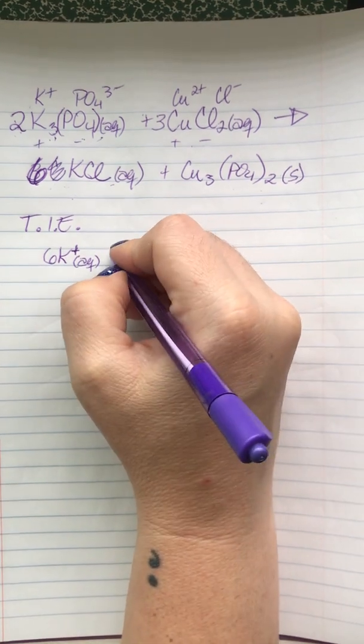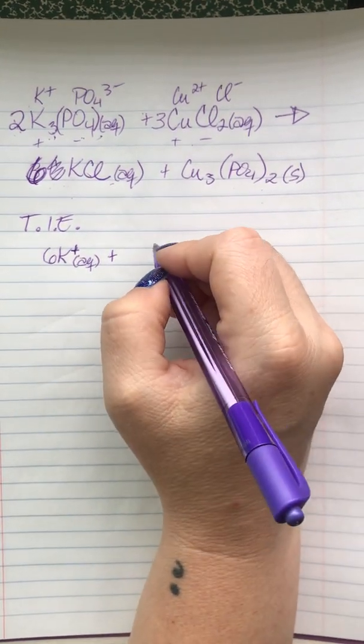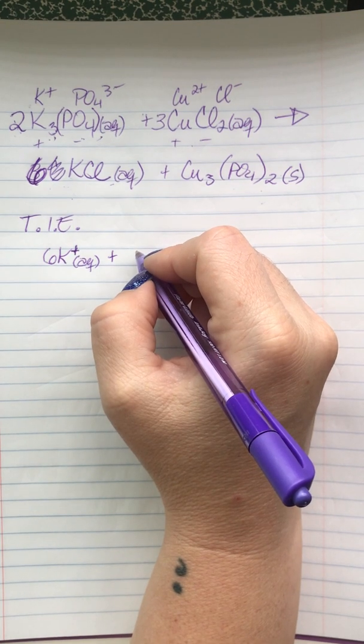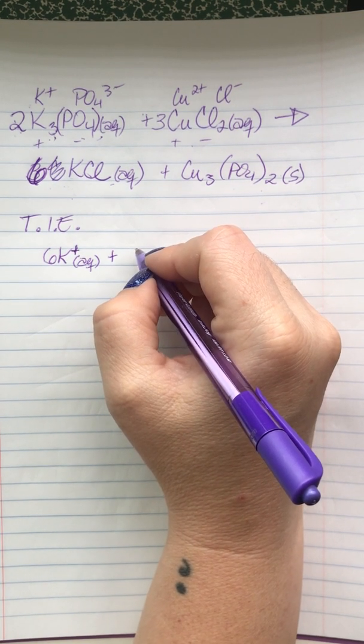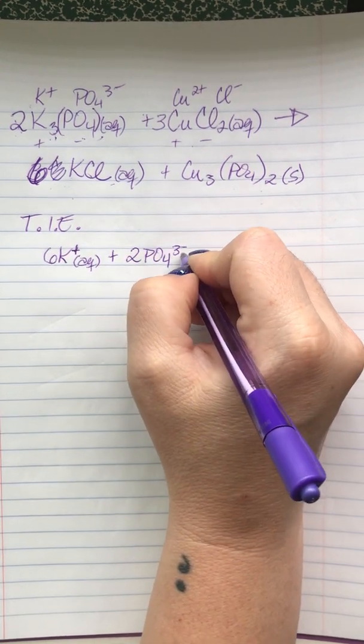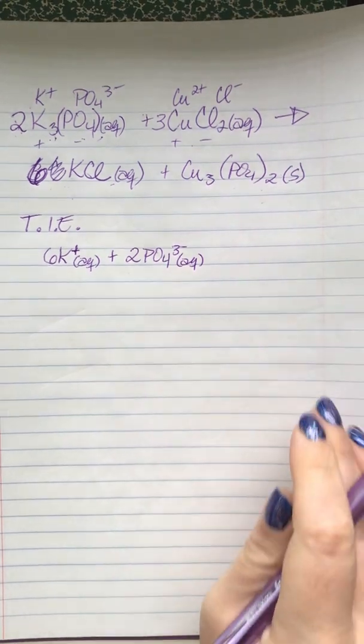And then, how many phosphates? 2 phosphates. Right?